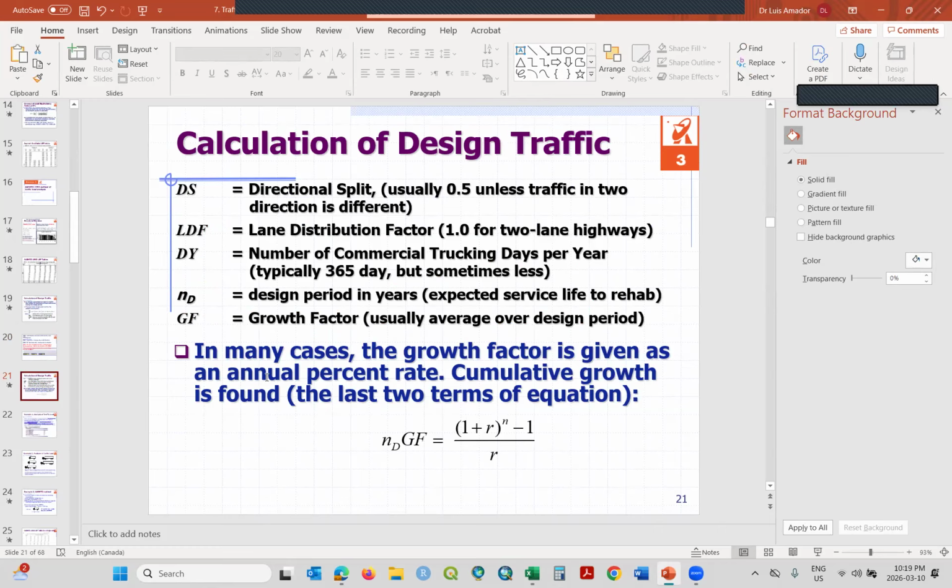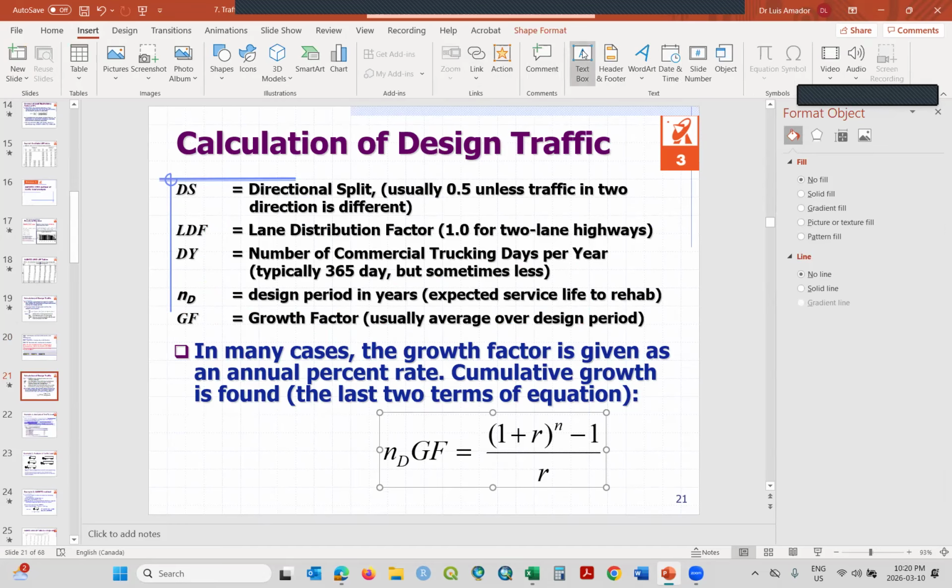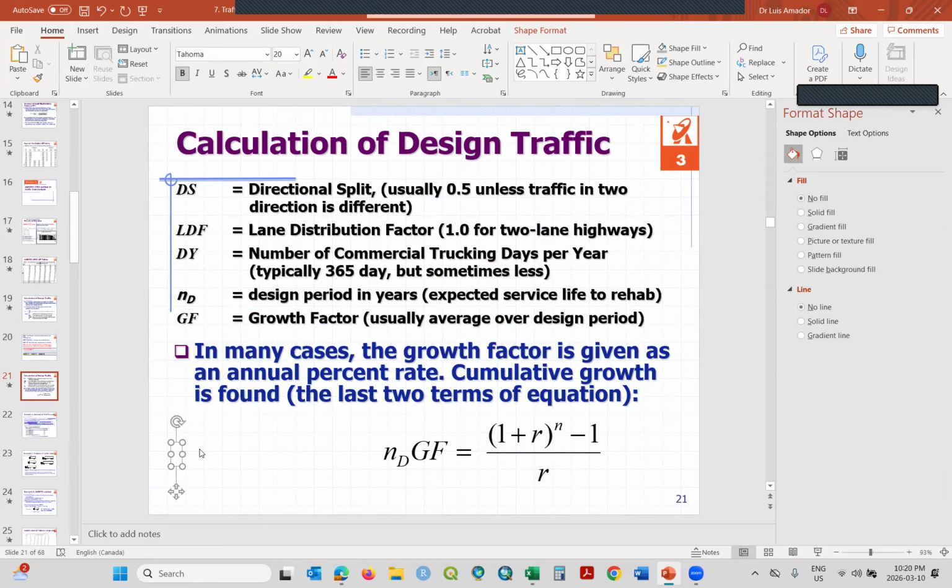Then a word in terms of the growth factor. The growth factor uses this equation that you learned, I think, in project management and principles of economics or something like that, ENGR 301.